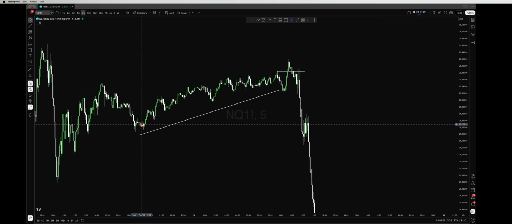So you have LRLR on the left. What happened? This here, the breaker, gave you this move and took the previous high. That means you have a breaker, right?